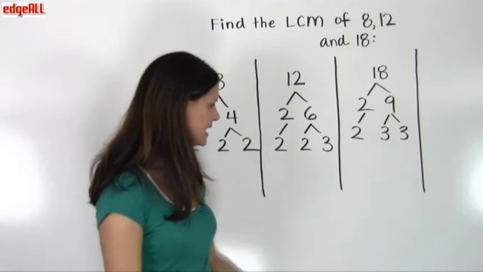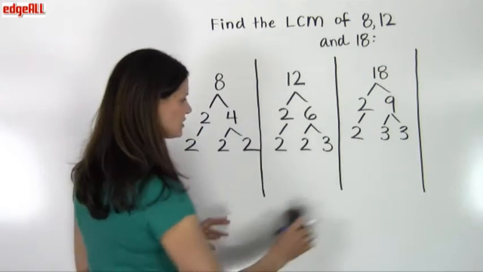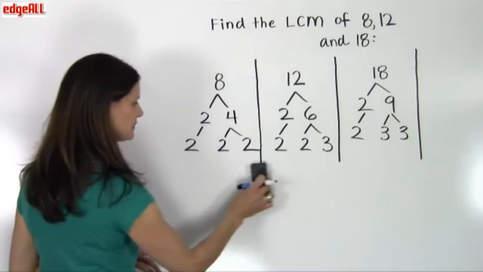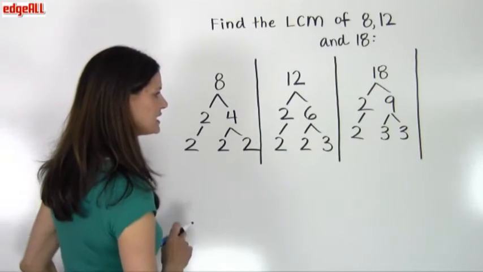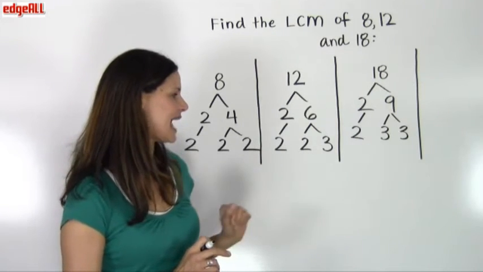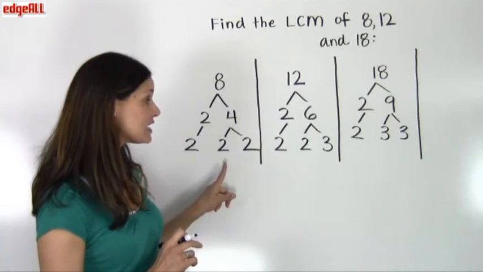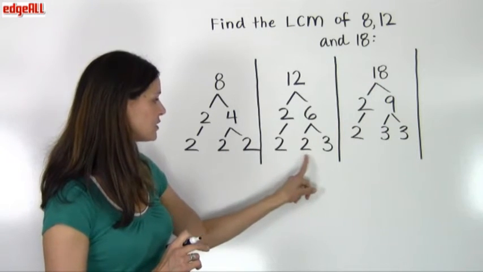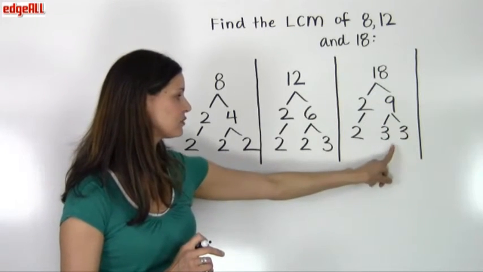Now, what we're going to do in order to find the least common multiple is combine the prime factors into one set by using each of the prime factors. So we have 2's and 3's.